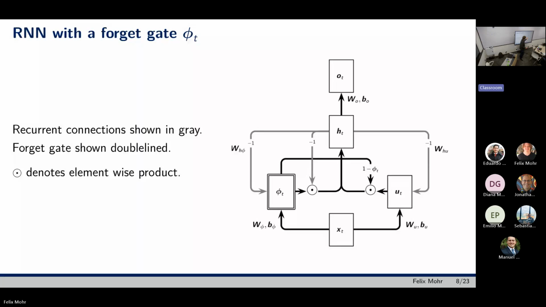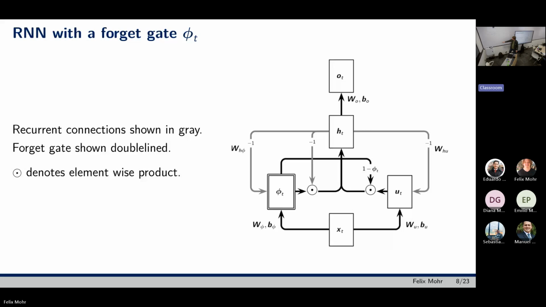But now we can also live a bit more in the past, because we now have a way to return a bit to this initial state, and at least in some parts of the hidden dimensionality, we can again start from scratch.